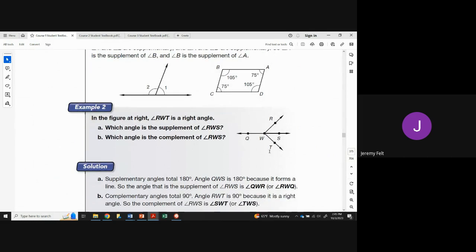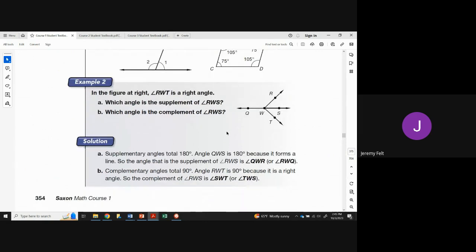Probably let me copy that. So in the figure on the right, okay, angle RWT. We have this angle right here, okay, RWT, and then which angle is a supplement of RWS?